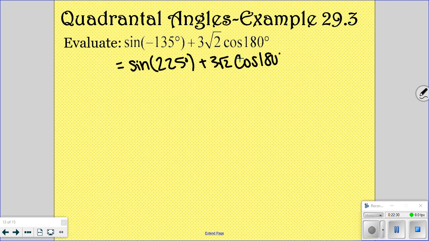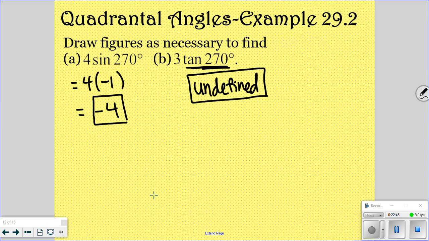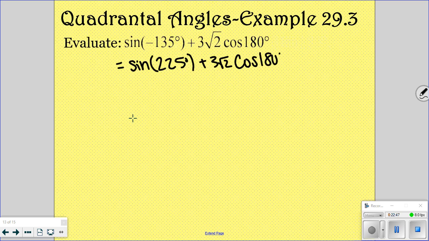So let's go back and look at our unit circle for sine of 225. So 225 is right here, and the sine is the y value. So the sine is negative square root of 2 over 2. So I get negative square root of 2 over 2 plus 3 square root of 2.